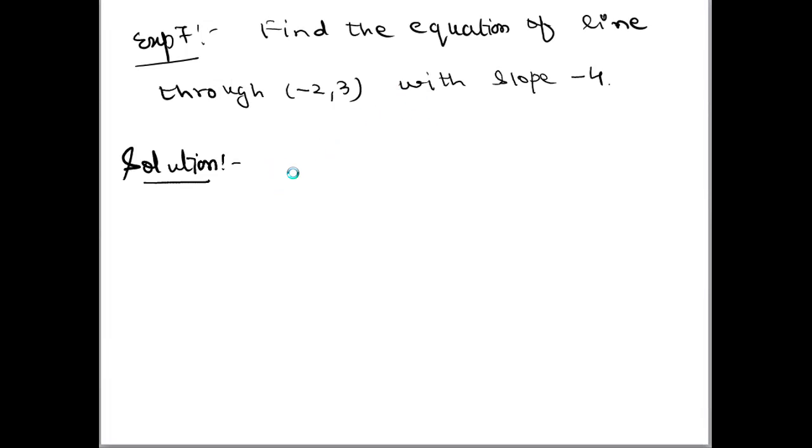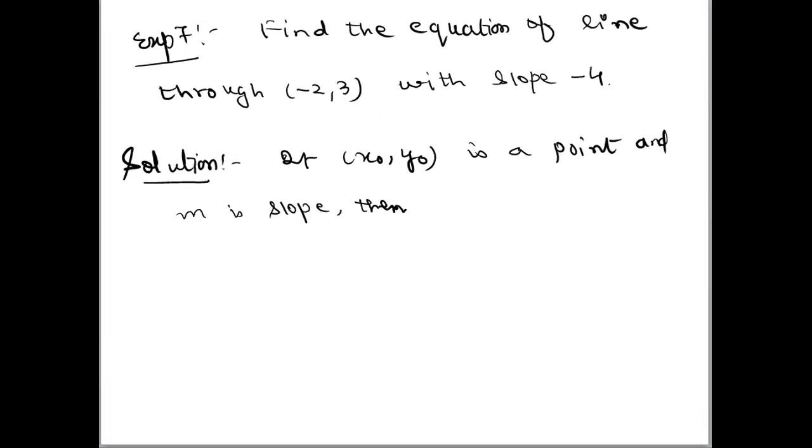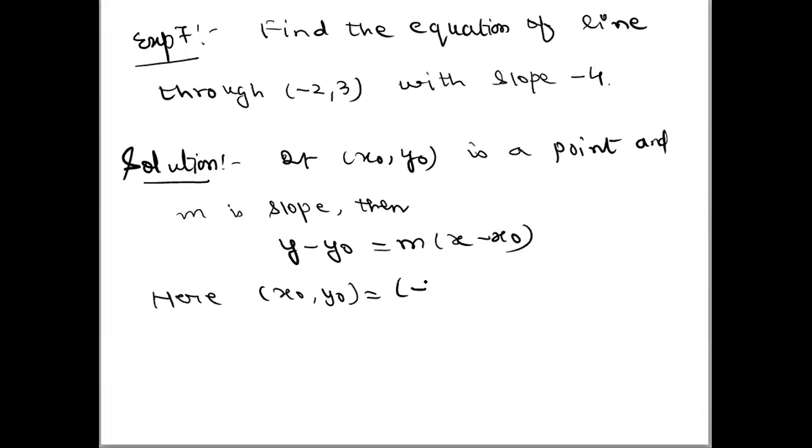So you know that, if x naught comma y naught is a given point and m is a slope, then the point slope form says that y minus y naught is equal to m into x minus x naught. Here x naught comma y naught is equal to minus 2 comma 3 and m is equal to minus 4.